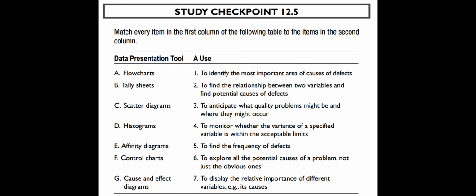D. Histograms 4. To monitor whether the variance of a specified variable is within the acceptable limits. E. Affinity diagrams 5. To find the frequency of defects. F. Control chart 6. To explore all the potential causes of a problem, not just the obvious ones. G. Cause and effect diagrams 7. To display the relative importance of different variables, e.g., its causes.